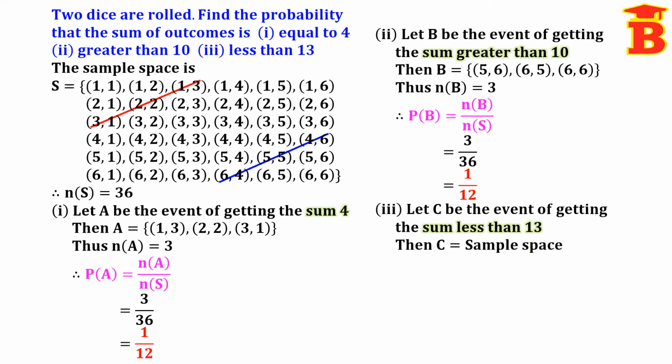Therefore, C equals the sample space and n(C) equals 36. In the sample space, we have totally 36 elements. So we write n(C) equal to 36. Now use the formula P(C) equals n(C) divided by n(S). So that is equal to 36 divided by 36. Cancel this, we get the answer 1.